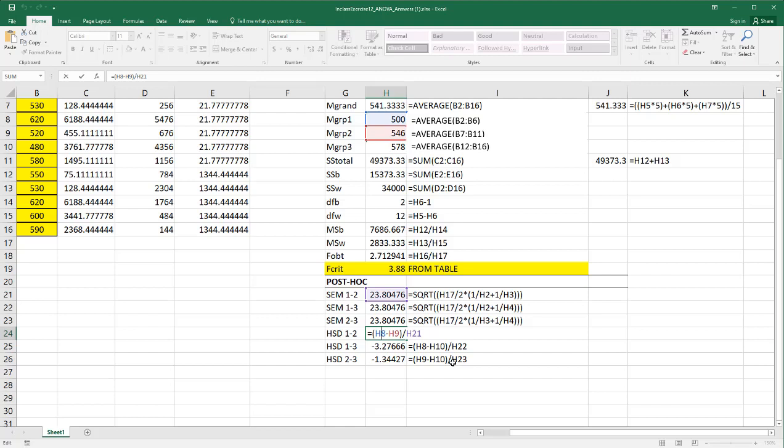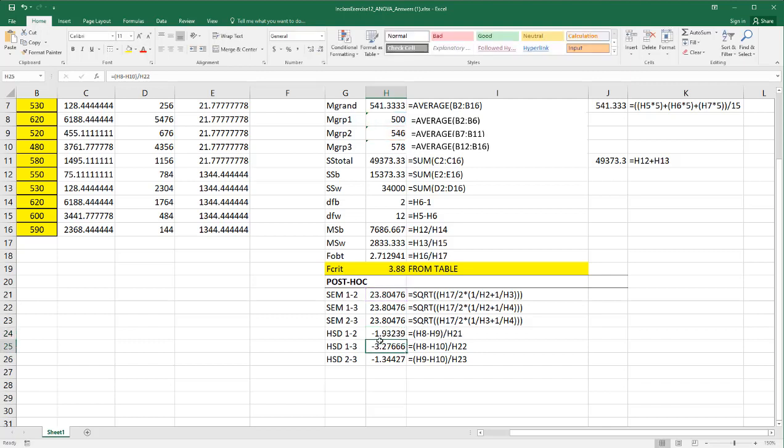So in this first HSD 1 minus 2, we're comparing group 1 to group 2, and we see that 500 minus 546 divided by our standard error, which is 23.8, is going to give us negative 1.93. We could flip this sign. It would simply involve comparing group 2 to group 1 instead of group 1 to group 2.